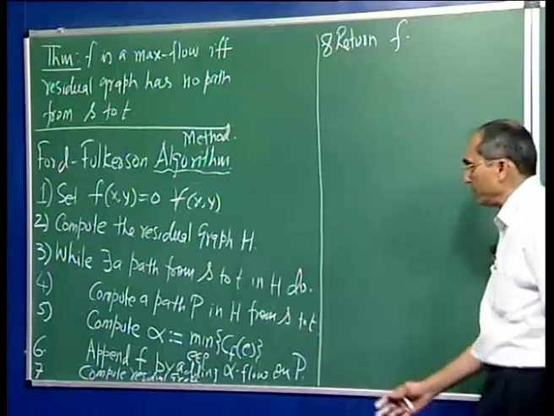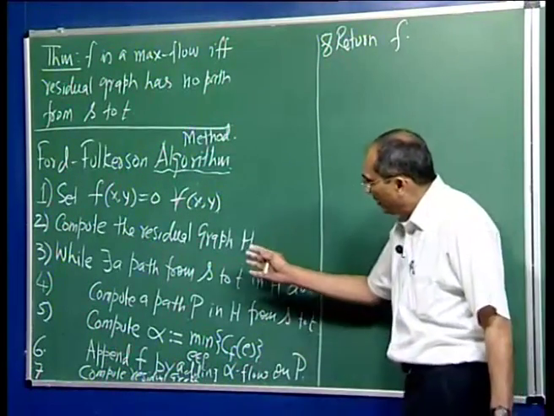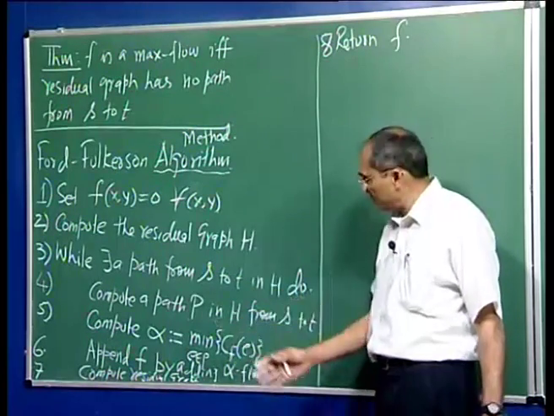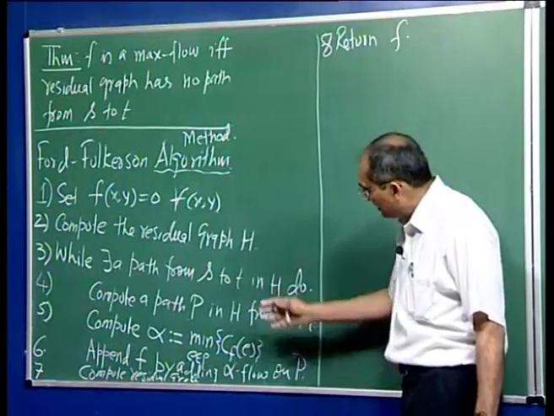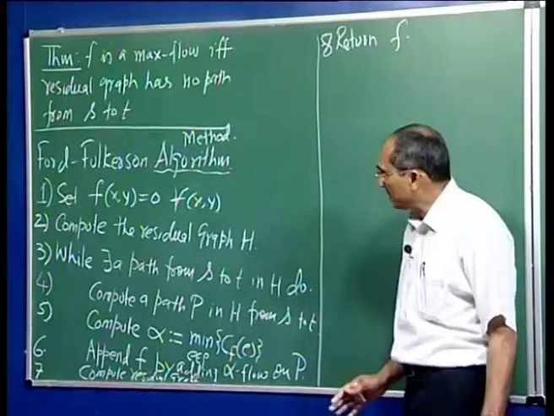In that case, it will terminate. In fact, you can argue the same even when the capacities are rational. But if they are general real numbers, then we may not be able to argue that this will terminate.